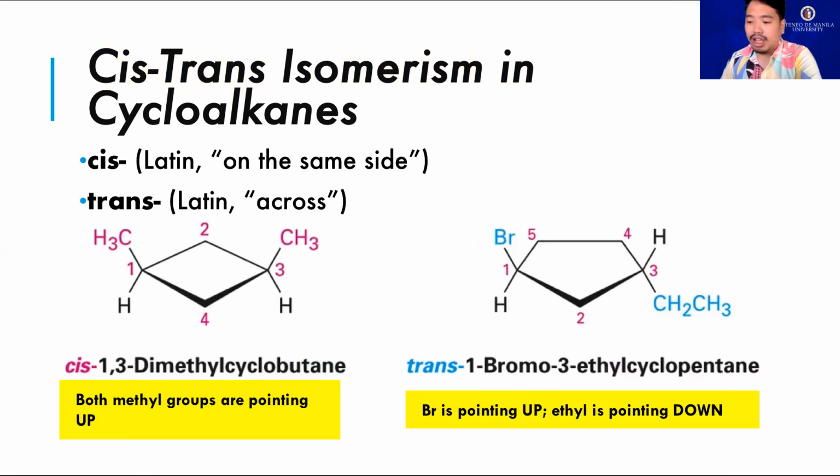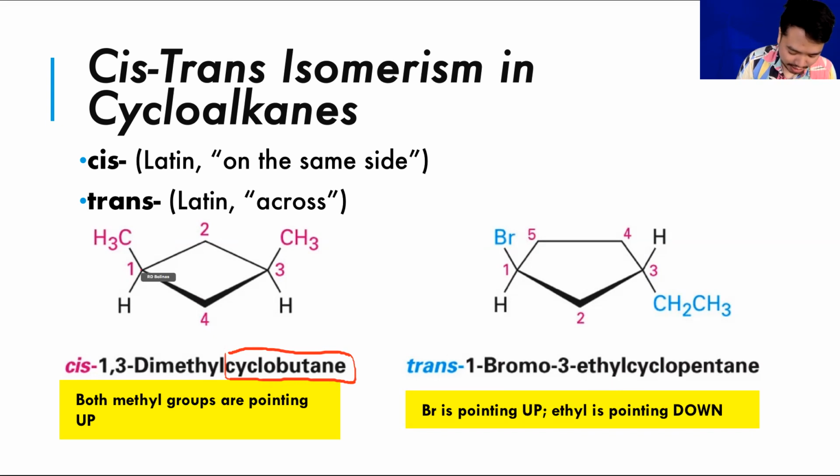Now, before we end our session, let's just try to interpret these structures. So this molecule is called cis-1,3-dimethylcyclobutane. Bakit? Cyclobutane means that our parent chain has 4 carbons in a ring. Diba?